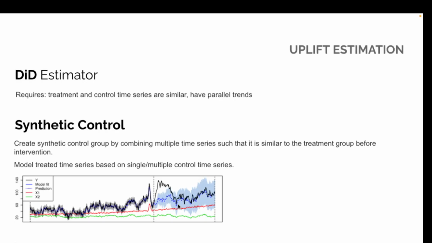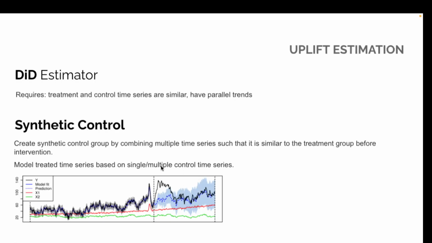I can make these predictions because I know the value of x1 and x2 for the whole time horizon. So I can plug them into the trained model and compute a prediction for y, and that can serve as the control group. Those predictions are the values that I can observe in the control group.